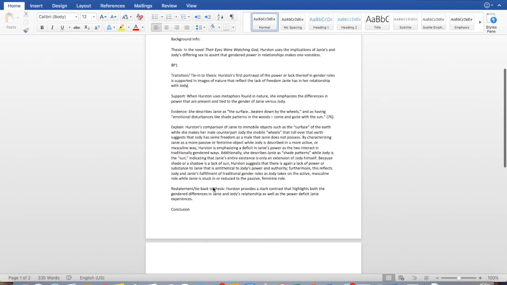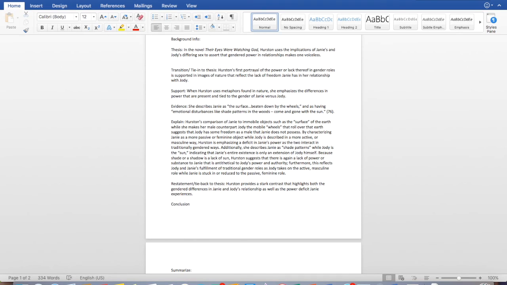Okay, so because I have all of these elements, I'm going to go ahead and erase the little markers that I made to outline for myself.